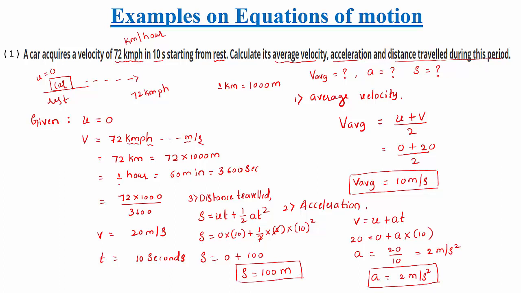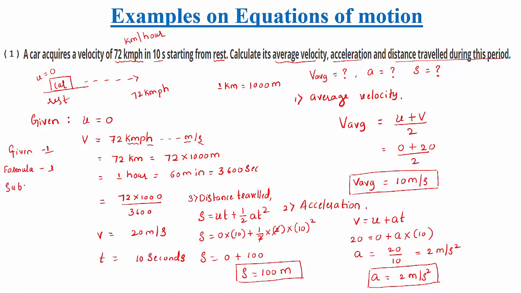So first we have to write the givens. Then we have to write the suitable equation or formula. Then substitute the given values. Then calculate and result we have to write in terms of SI unit. So each part carries 1 mark. See here, given carries 1 mark. Formulae carries 1 mark.